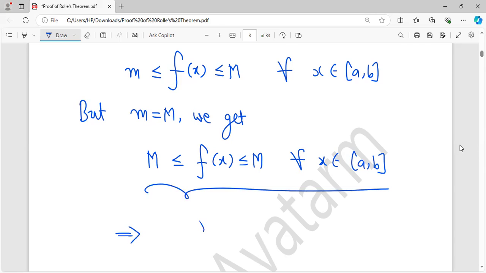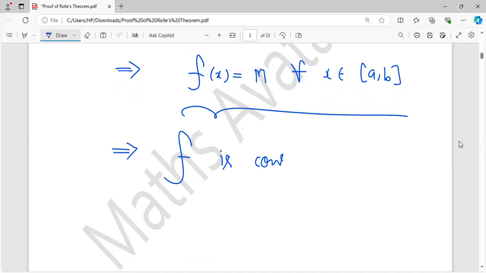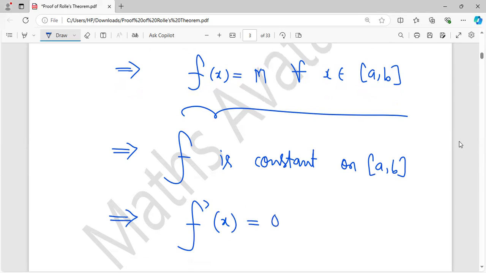It means f(x) is equal to capital M for all x belongs to closed interval [a, b]. It means f is constant because M is fixed, so f is constant on closed interval [a, b]. We know that a constant function has derivative 0. It means f dash x is 0 for all x belongs to closed interval [a, b].